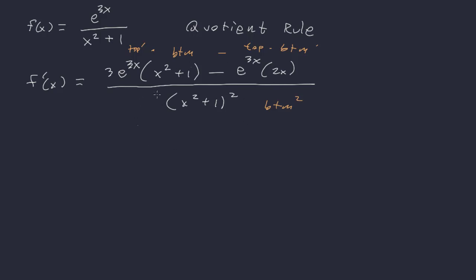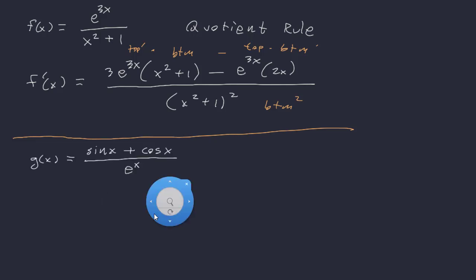So I wouldn't bother simplifying this. I mean, you can, but I don't know if it's well worth our time here. So my advice in this module, when we're just learning the derivatives, is just differentiate, move on. Don't focus too much on the simplifications.